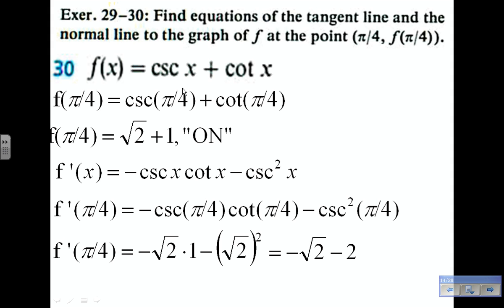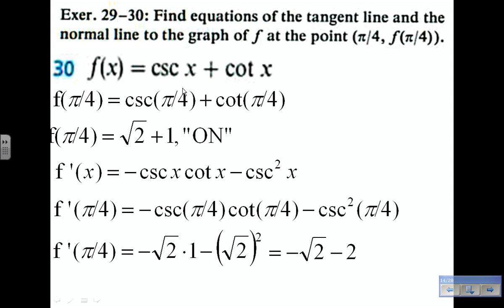So we got the y value. We got the x value. We have the derivative. We can find the equation of a tangent line, but this is where there's a small, slight change of plans. Because of all the exact values that have two expressions in them, or two terms, I probably won't use the y equals mx plus b.